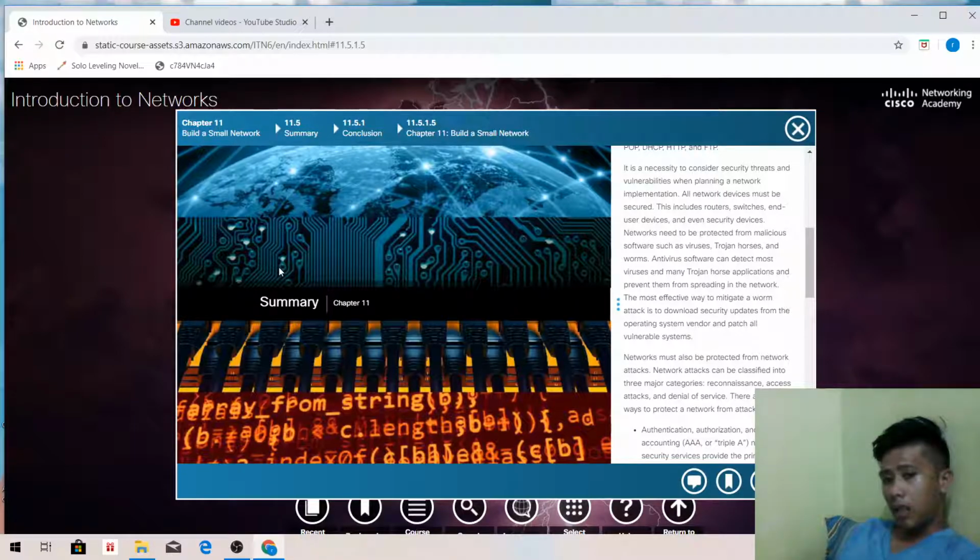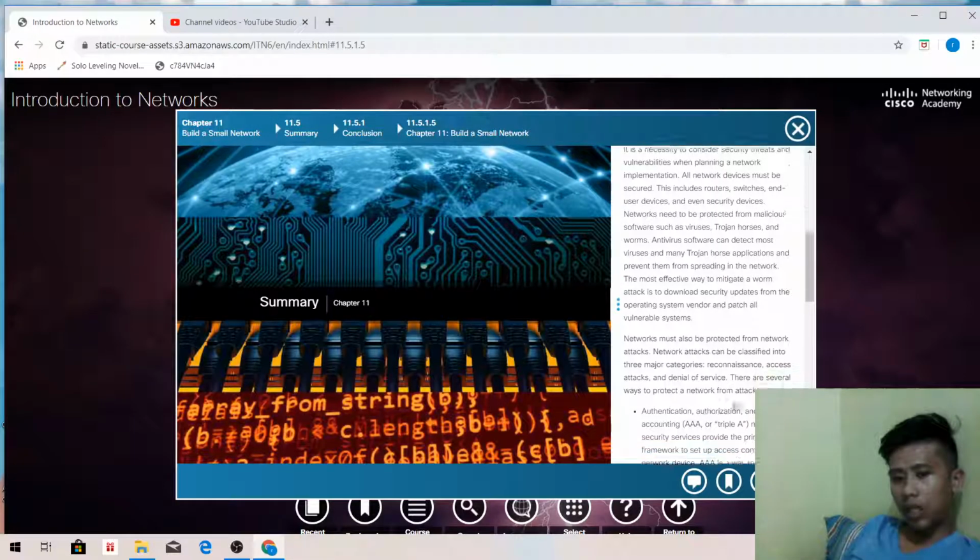Antivirus software can detect most viruses and many Trojan horse applications and prevent them from spreading in the LAN. The most effective way to mitigate worm attacks is to download the security updates from the operating system vendor and patch all vulnerable systems.